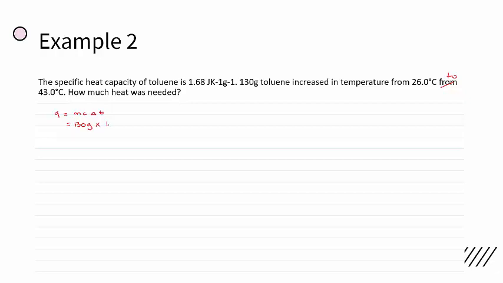C is 1.68. And delta T is 43 minus 26. So when I put that into a calculator, that gives me an answer of 3,713 joules. So it's going to be 3,700 joules or 3.7 kilojoules.